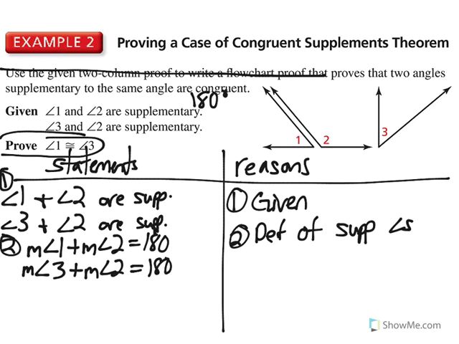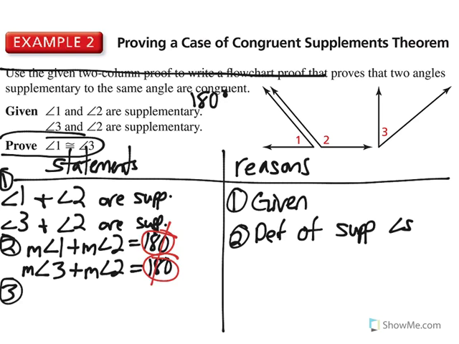So if we're trying to prove that they are congruent, think about these two together. We start off with two statements, but we're trying to get to one, just that angle 1 is congruent to angle 3. Well, look at these two statements. They both are equal to 180 degrees. So we can eliminate that middleman and go ahead and set them equal to each other.